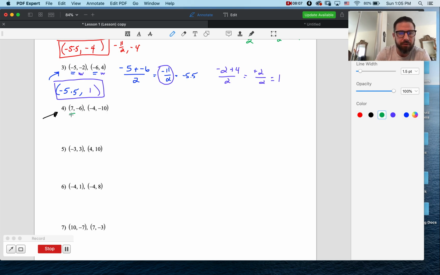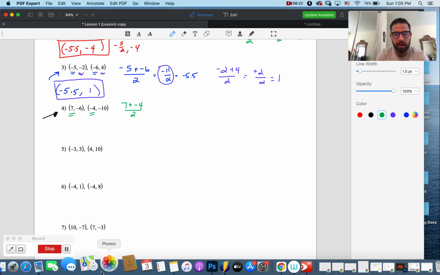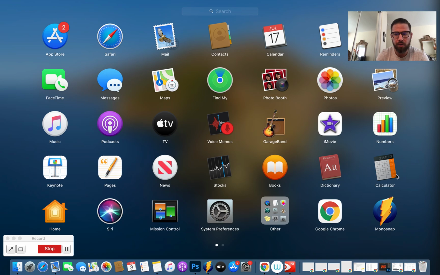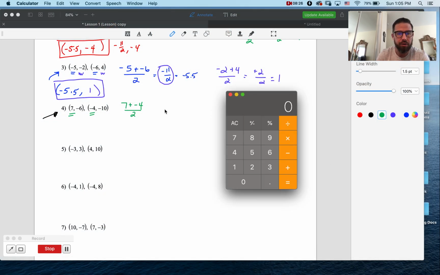We have our x's. The first number of our point is the x. We're going to add them. So we have 7 plus -4 over 2. And if you stink at adding, if you're getting all these wrong, use your calculator. Let me show you how to do your negatives. So we have 7 plus -4.